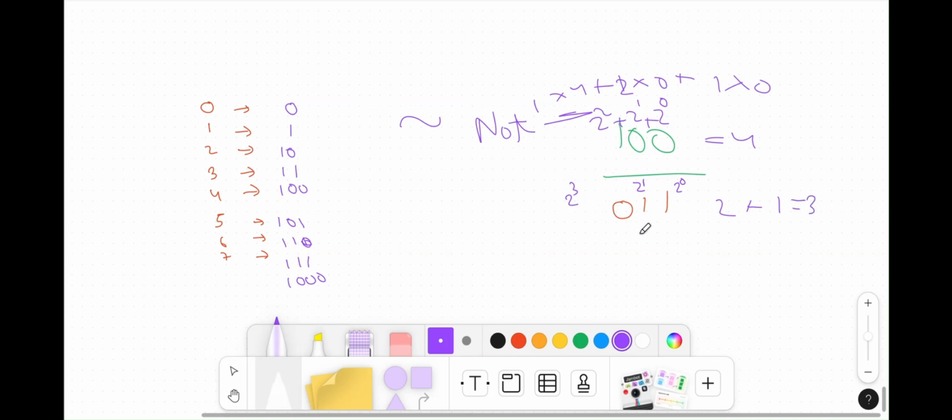Before I move ahead, I need to make one correction. We use 8 bits. Let's do the 8-bit version. 8 bits means there should be 8 digits. So here are 8 digits.